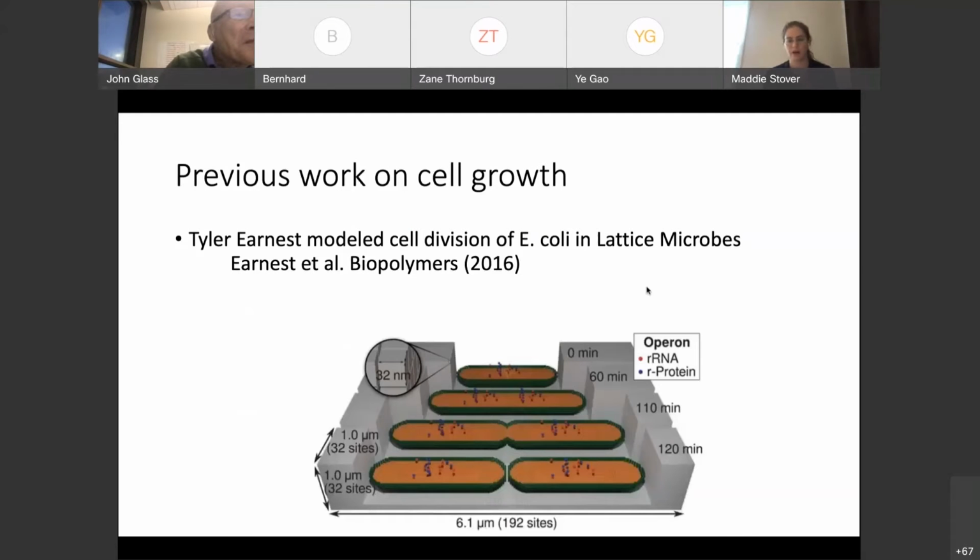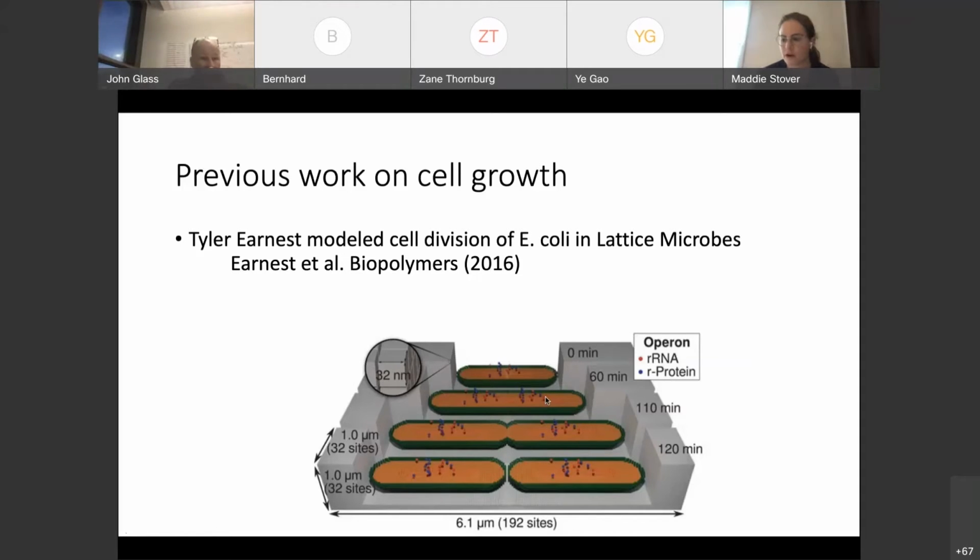Before I talk about our model for growth of SYN3A, I want to briefly touch upon some previous work in our group on cell growth. In 2016, as a part of his work on ribosome biogenesis, Tyler Ernest modeled cell division of E. coli in Lattice Microbes, which is shown in this figure down here. Gray is extracellular, green is the membrane of E. coli, orange is the cytoplasm, and in his model, Tyler begins with E. coli at some initial length.